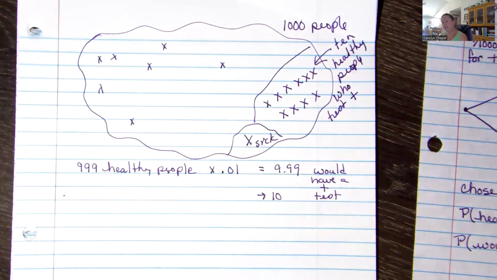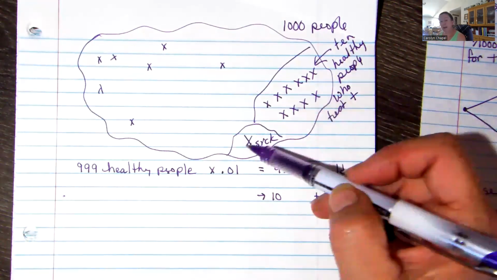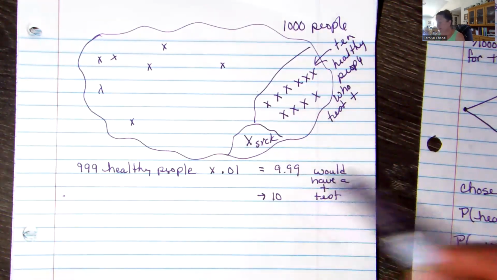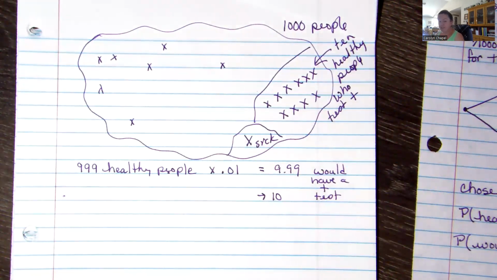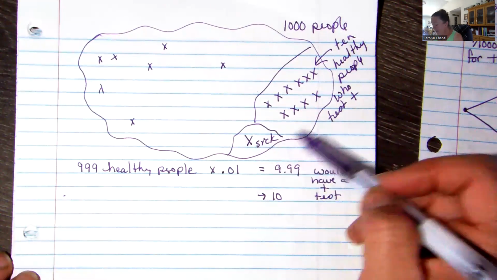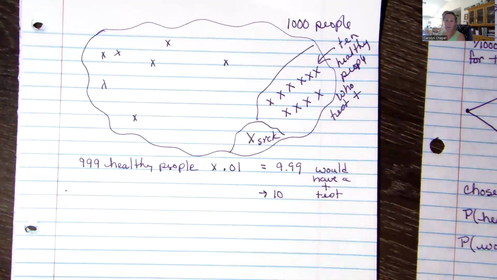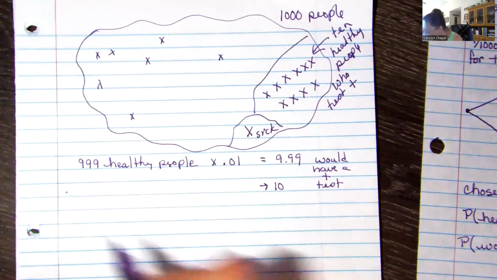Yeah, so now I'm going to group this guy in and say that this sick person does test positive because it's more likely he would. Being at 99% accurate, it's more likely that this guy would test positive. But now we have basically 11 people who tested positive.